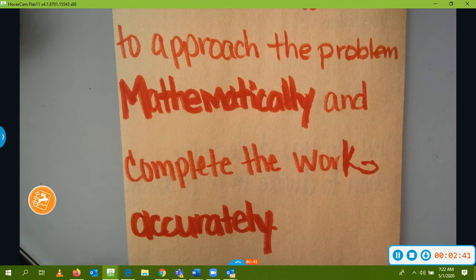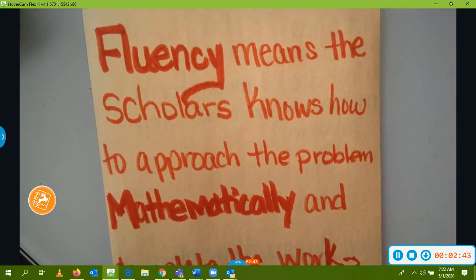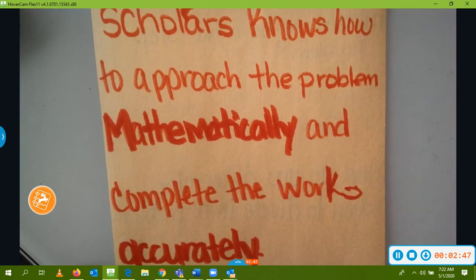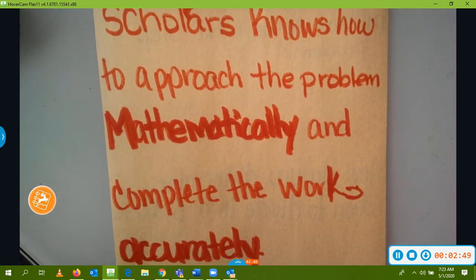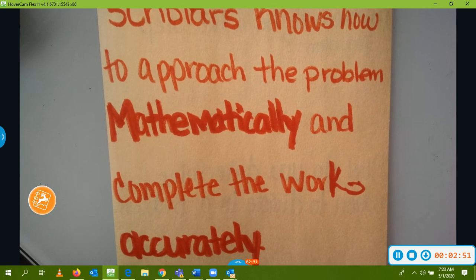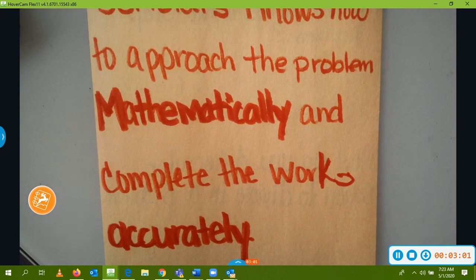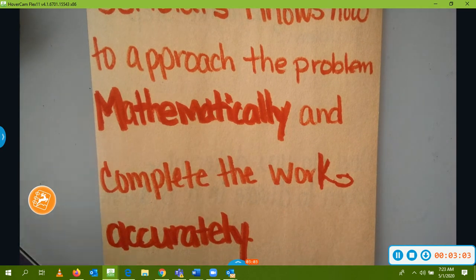So fluency is very important when solving word problems, and you need to know how to do them. Approach it mathematically and complete the work accurately. If it's not accurate, then it's wrong. Okay? So, let's begin.